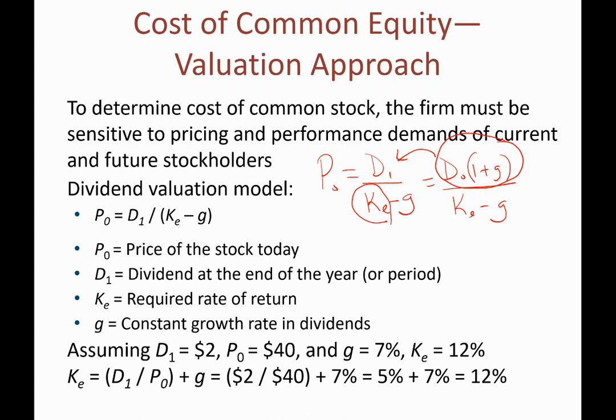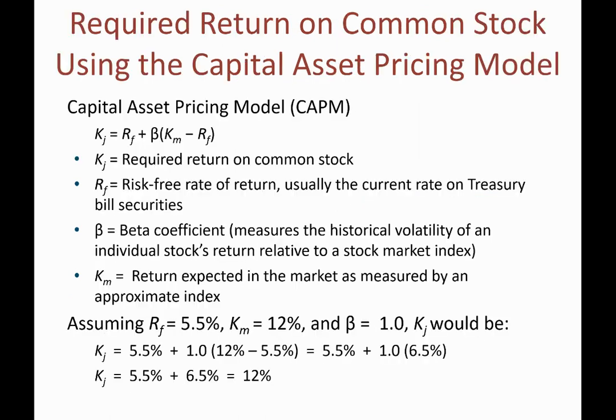This represents our discount dividend model, using the dividends to determine the value of the stock, or in this case, the required rate of return on the stock. But we can also use another model called the CAPM, the capital asset pricing model, to determine our required rate of return.